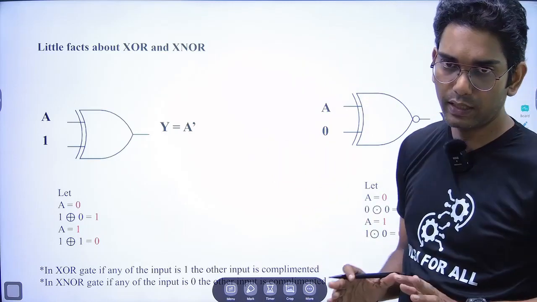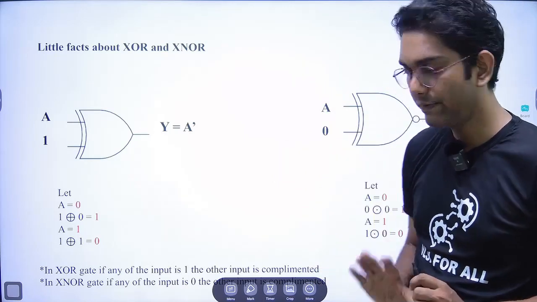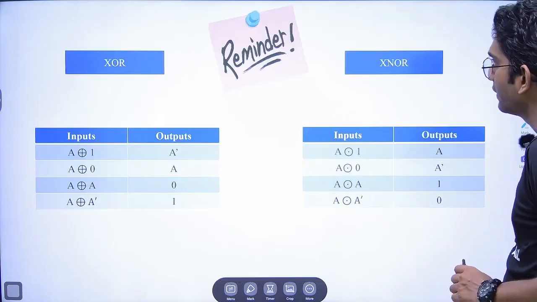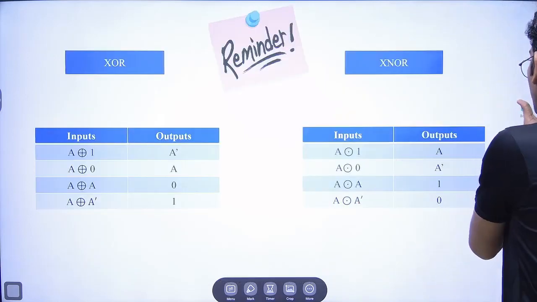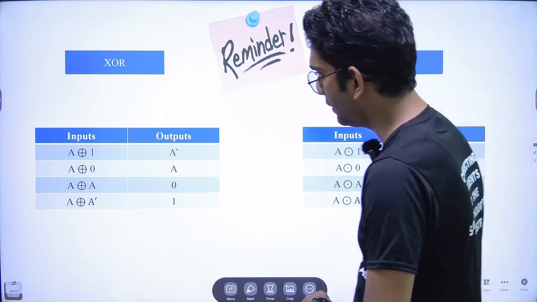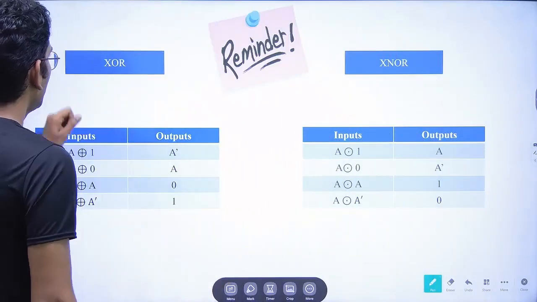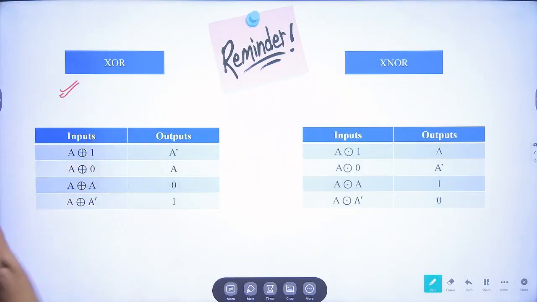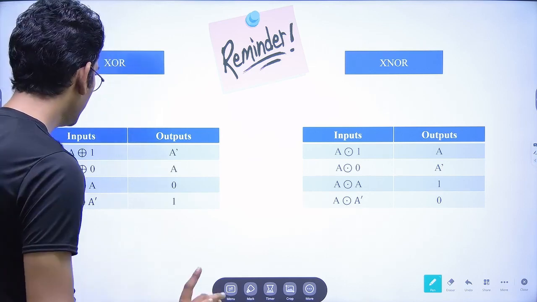I hope till now you must have understood everything. Now next, coming to some reminders or some important points that you should keep in mind. First is for the XOR gate. The XOR gate is an inequality detector.